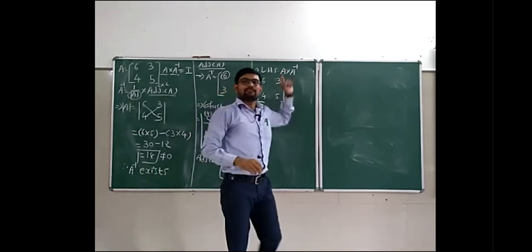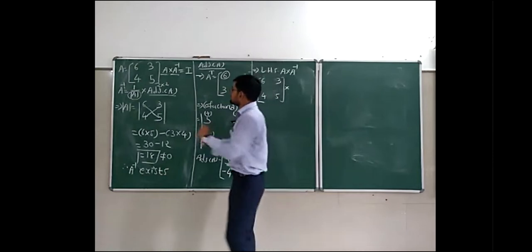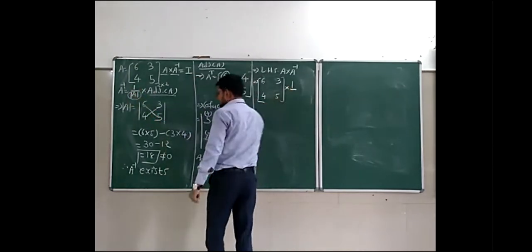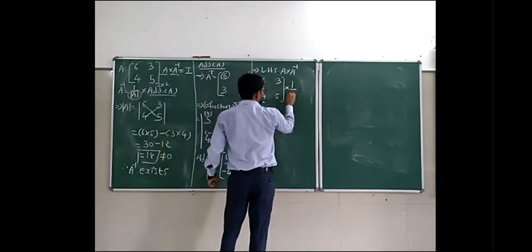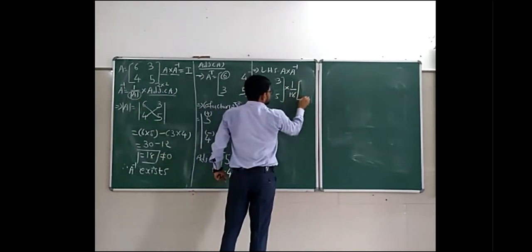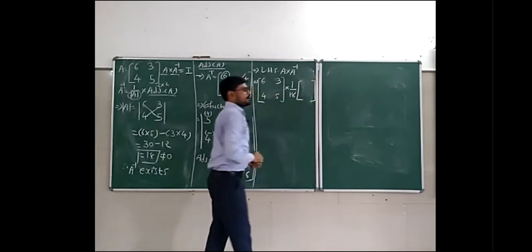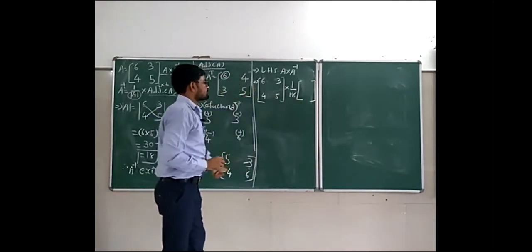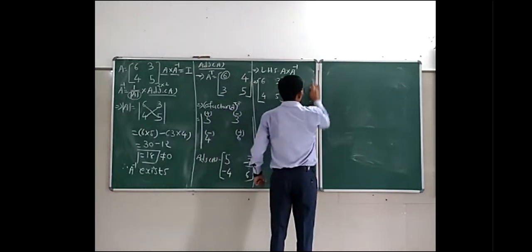Now we'll write A inverse. What is the formula of A inverse? 1 upon determinant of A. So 1 upon the determinant of A, 18, into the adjoint of A. What is the adjoint of A? This. So we'll write here the adjoint of A.